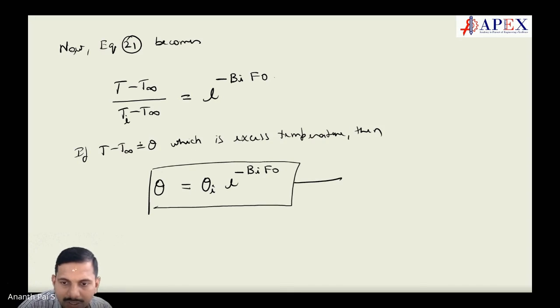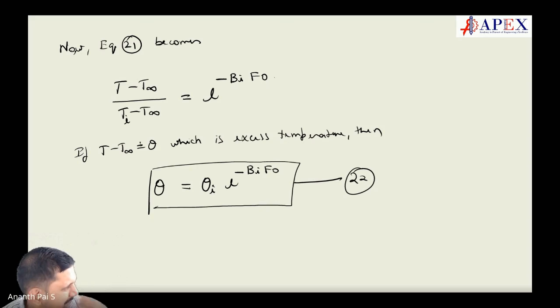This is equation number 20. Easy. This is unsteady heat conduction. Very, very, very important. Why important? It comes in here. Otherwise, also it's important because we actually deal with unsteady heat conduction only a lot of times.